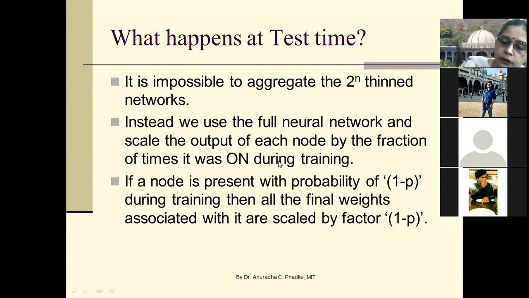If a node is present with probability 1 minus p during training, then all the final weights associated with it are scaled by a factor of 1 minus p, because it has participated 1 minus p times during training.